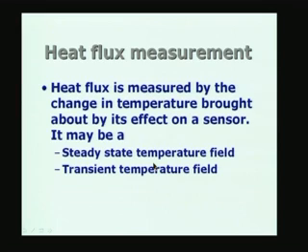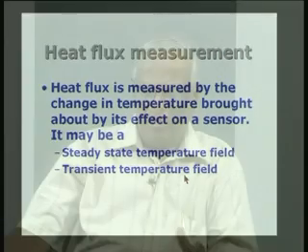For example, we can have a steady state temperature field, and therefore we have a sensor which is essentially under steady conditions. We could also measure the heat flux in terms of a transient setup within a medium. So the medium will be the sensor, and the transient temperature field with this sensor will be used to find out either the average or the instantaneous value of the heat flux, as the case may be.